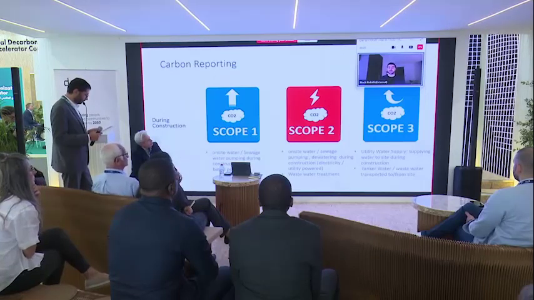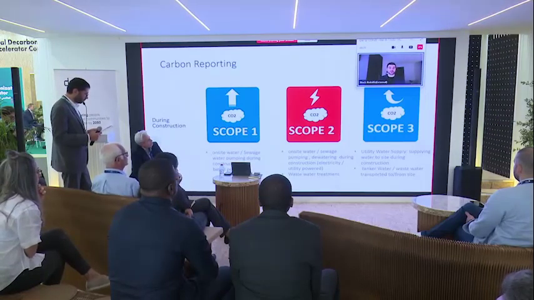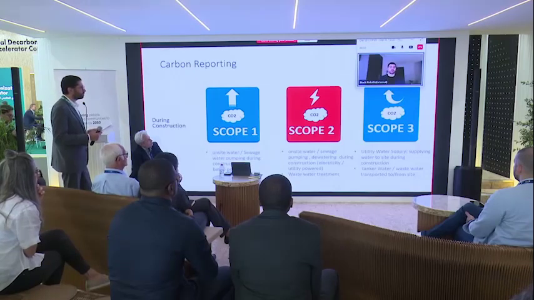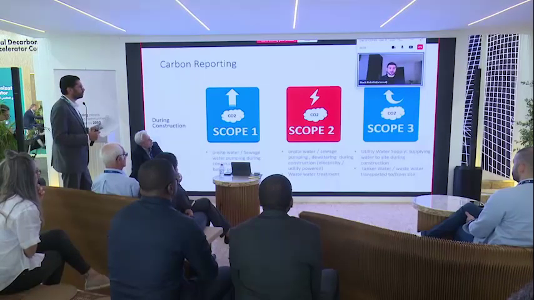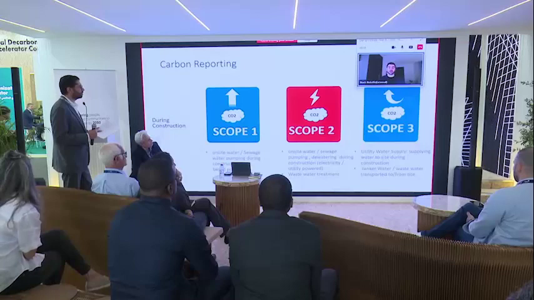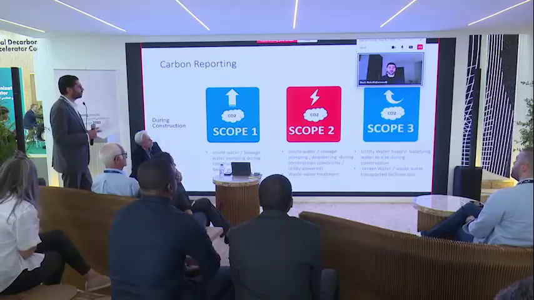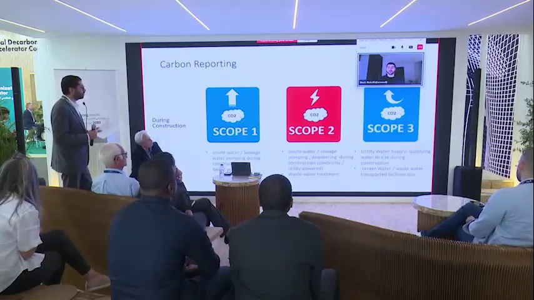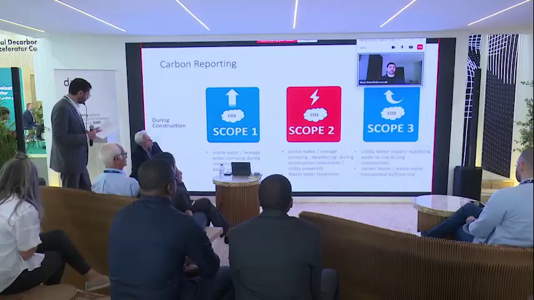What is the water intensity for that? So under scope one, you're thinking more about on-site water, sewage, water pumping during construction, and any fuel-based power that may be used to pump water throughout the facility.